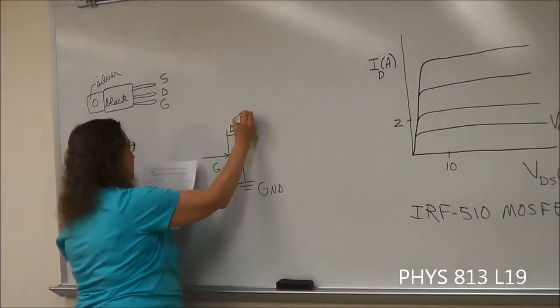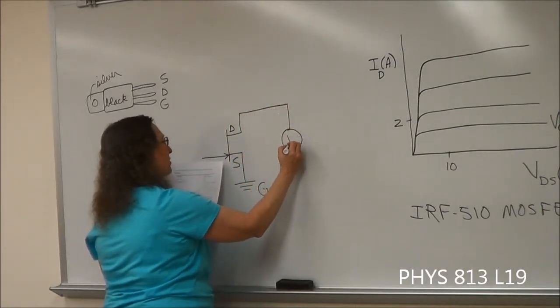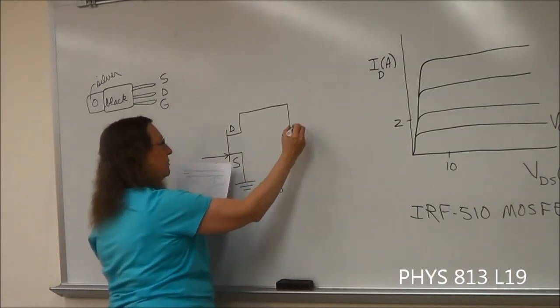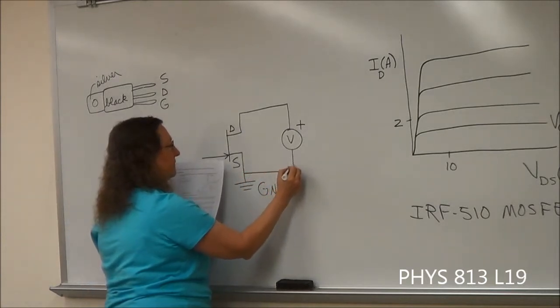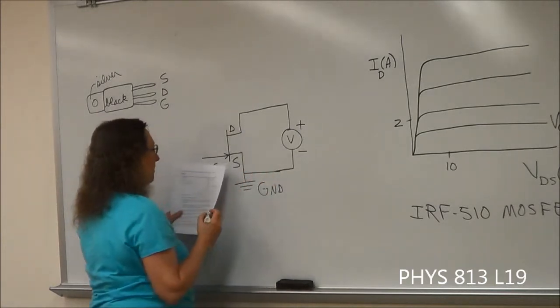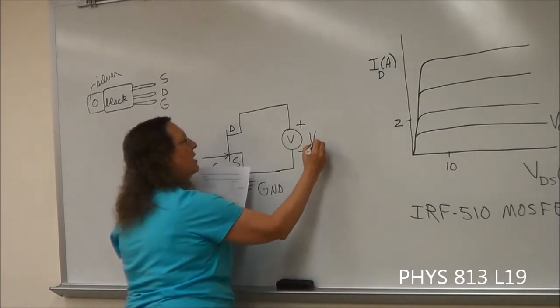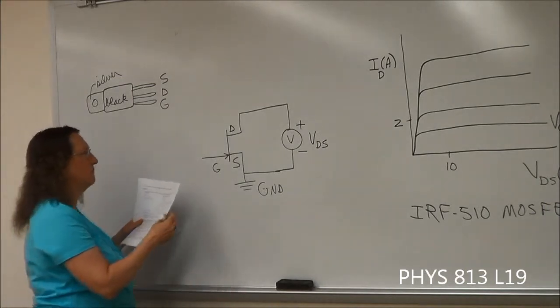So we're going to have this go up here. We're going to measure the drain source voltage, so we eventually want our voltmeter from the drain to the source. And this side will be black, this side's negative, and this is going to measure the drain source voltage. Okay?